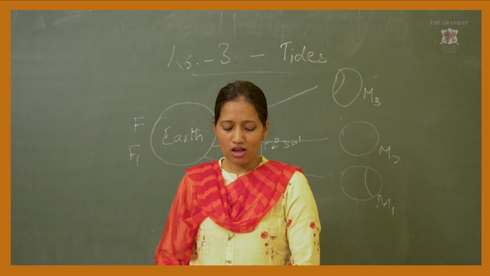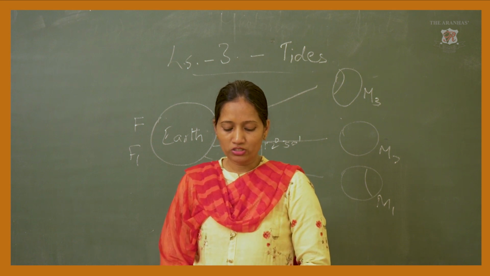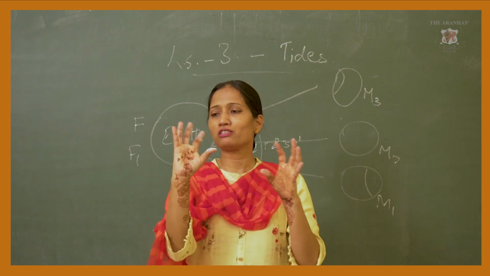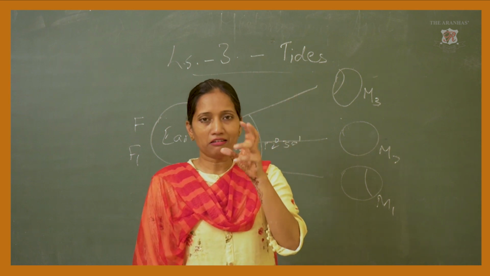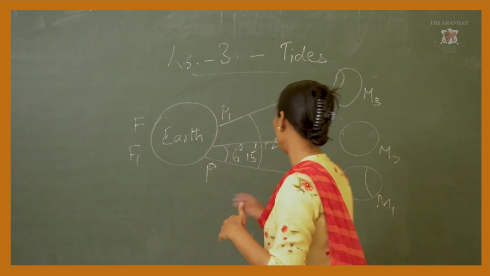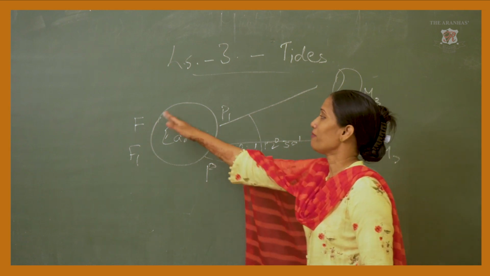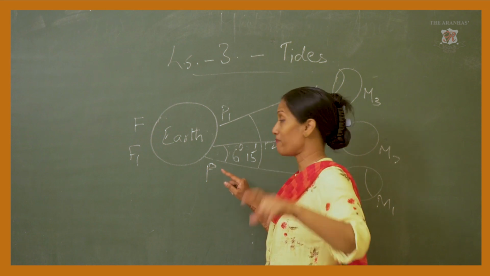Understood? So after 12 hours 25 minutes, F will arrive opposite to the moon and it will experience high tide. Of course, because of the rotation of the earth and the moon, there is a slight time change. As I said in the beginning, it is 12 hours 25 minutes.